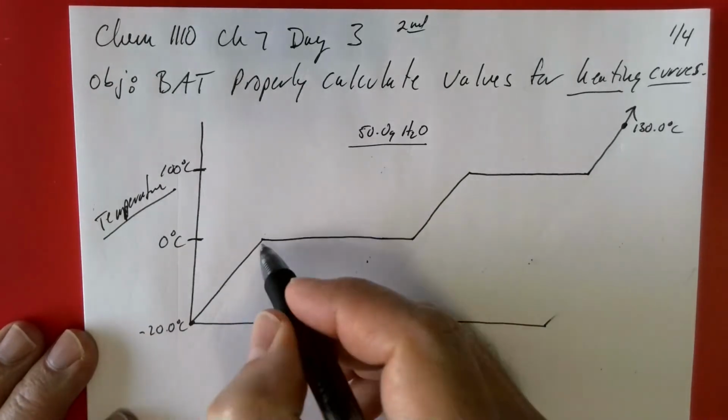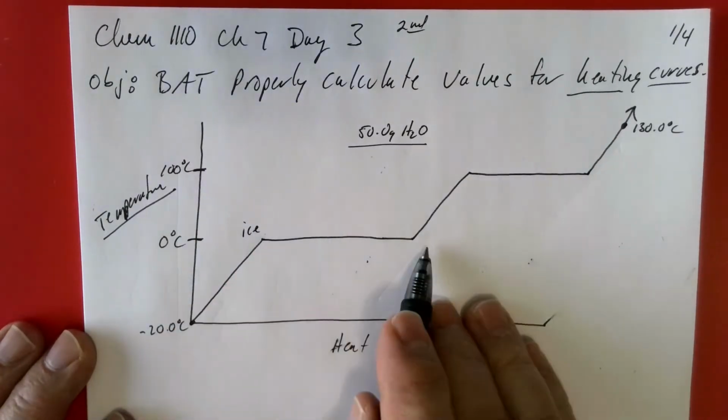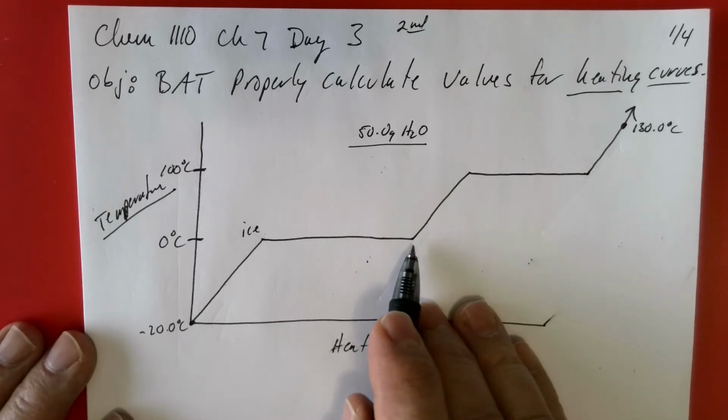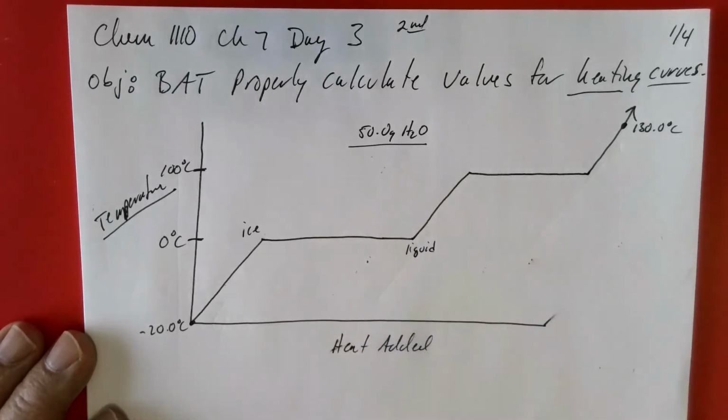Now on the left side of this, it is all solid, all ice. But on the right side, it has all been converted to a what? Liquid. To a liquid. I didn't realize that question was that hard.